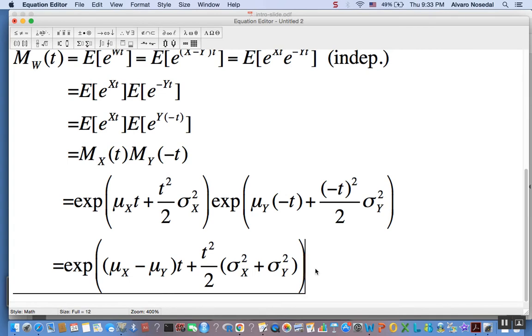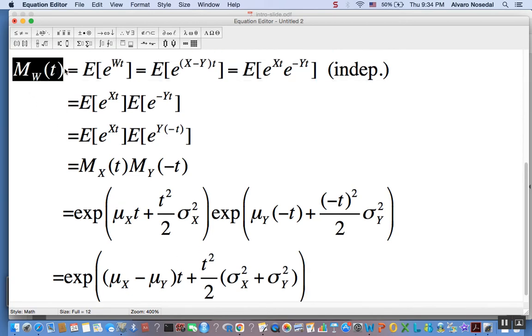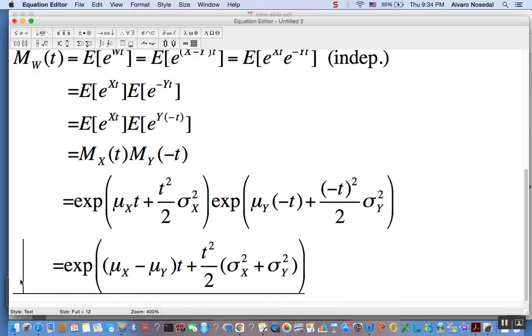Ready? Okay, so now if we compare that expression with the MGF of a normal with mean mu and variance sigma squared, well, guess what? This corresponds to the MGF of a normal, right? But now the new mean is mu sub x minus mu sub y, and the new variance is the sum of the variances, right? So let's just conclude.